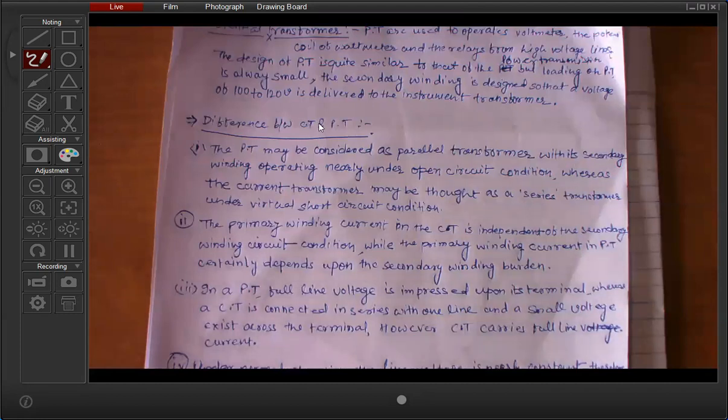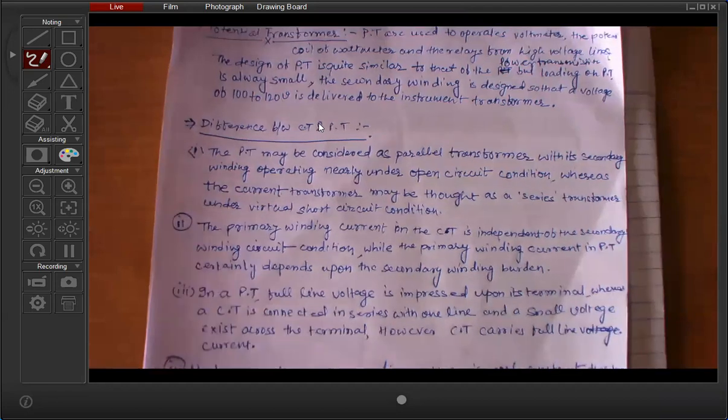So the first difference between current transformer and potential transformer: the PT may be considered as a parallel transformer with its secondary winding operating nearly under open circuit condition, whereas a current transformer may be thought of as a series transformer under virtual short circuit condition.